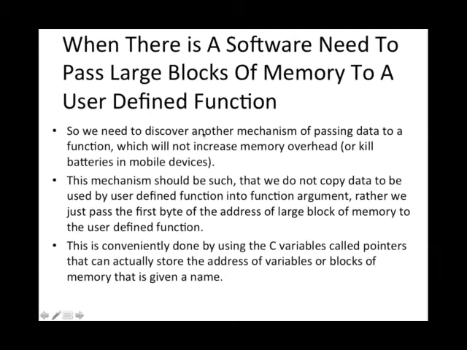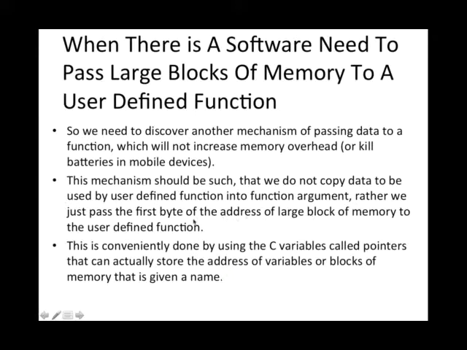So it is clear that for software to be efficient, we need to discover another mechanism of passing data to a function, which will not increase memory overhead, or, to be blunt, not kill batteries in mobile devices. This mechanism should be such that we do not copy data into the function argument.